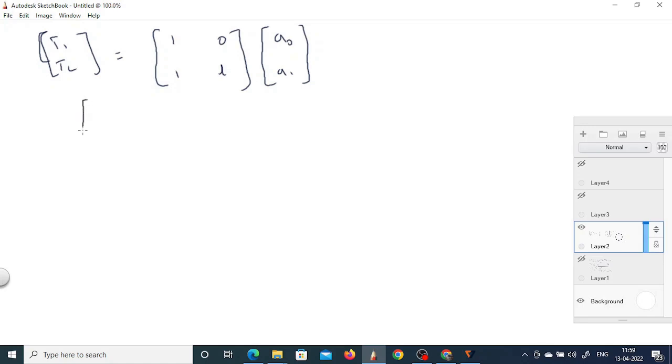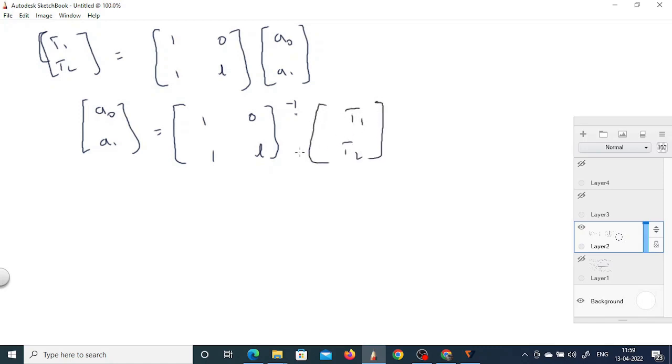Likewise, I convert the available equation into matrix form. But I should identify the coordinate values, which are A0 and A1. For that reason I move this to the left hand side. The matrix 1, 0, 1, L goes in inverse form, so I transfer it from this side to the left hand side, meaning I utilize the inverse matrix, multiplied by T1 and T2. But how do I compute the inverse matrix?